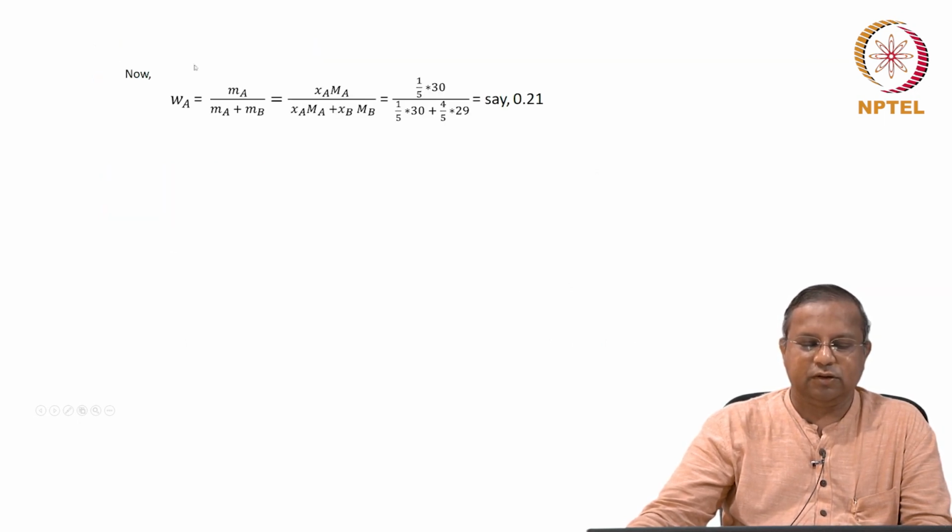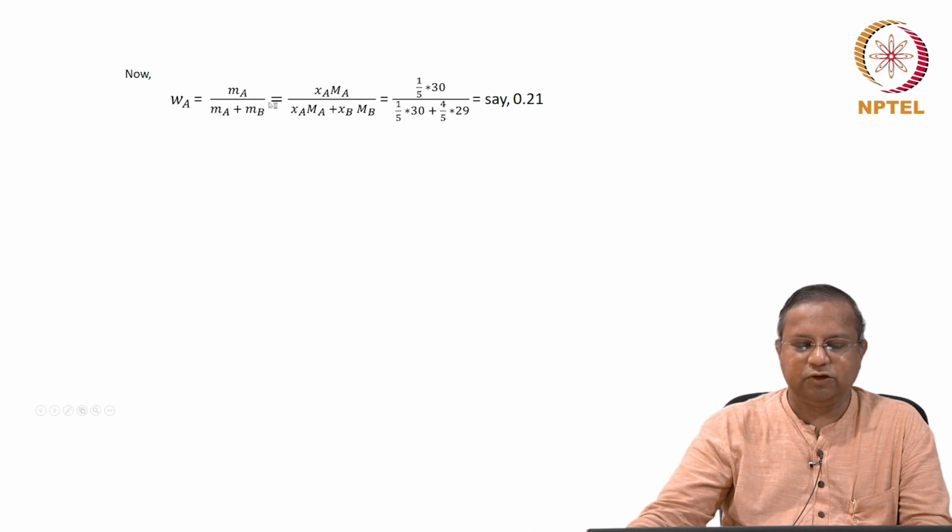Therefore, W_A, if you substitute here, is the mole fraction of A times the molecular mass of A, 1/5 into 30, and you substitute the various values, you will get 0.21.